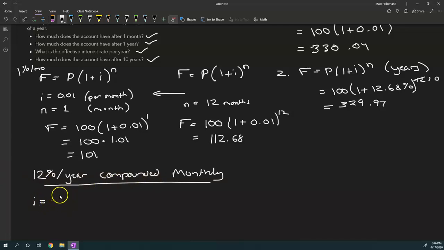We'll say the formula is 1 plus the nominal interest rate, 12%, divided by m, the number of periods per year that it's compounded, to the m, and then it's all minus 1.